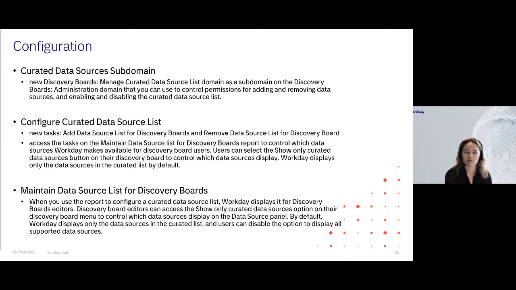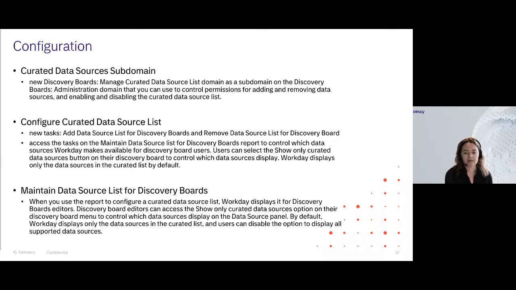task available for. And then this new task, maintain data source list for discovery boards, is coming, and in that task you will have these possibilities to add data source lists and remove data source lists for discovery boards.